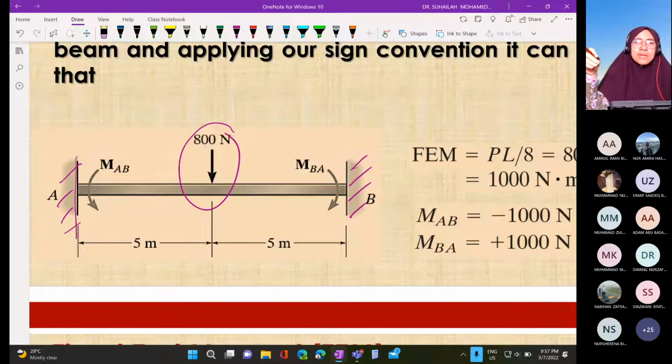Normally we cannot identify the deflection with our eyes. So it will deflect due to loading.